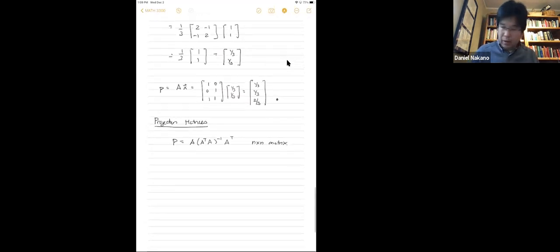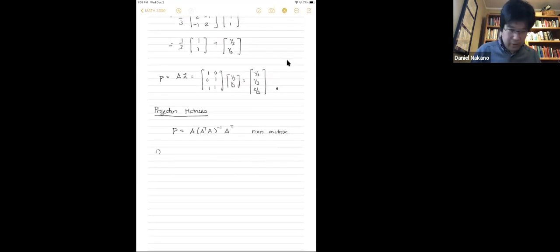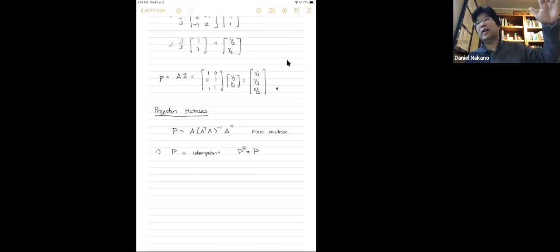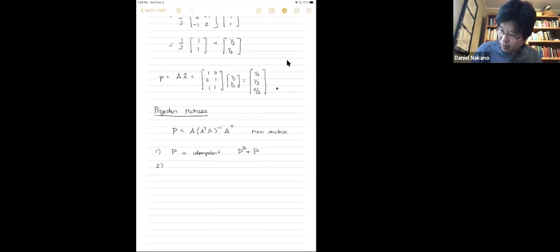And so here are the properties. One, P is idempotent. So if I project twice, it's the same as applying P once. So basically, if I project, I get down to the column space. Since I'm in the column space, if I project again, I don't go anywhere. And then 2, it turns out that P is a symmetric matrix.